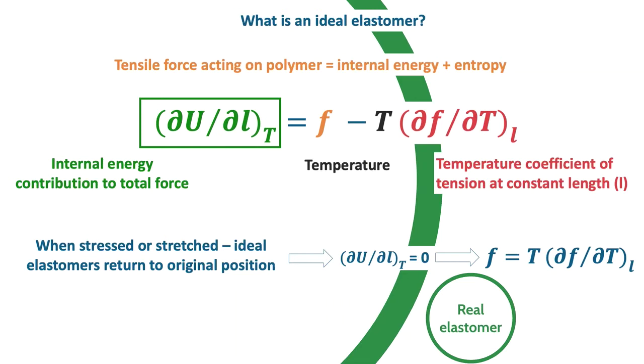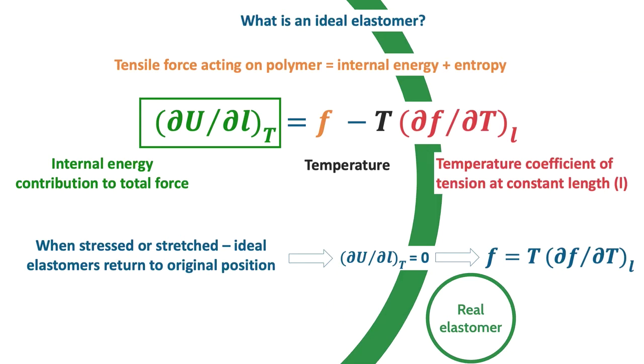What this equation tells us is simply that the internal energy contribution to the total force of the elastomer is equivalent to the tensile force acting on the polymer minus the temperature multiplied by the temperature coefficient of tension at constant length L. It sounds like a mouthful, but in actual fact it is a very simple and straightforward equation, which is summarized by the orange words on top.